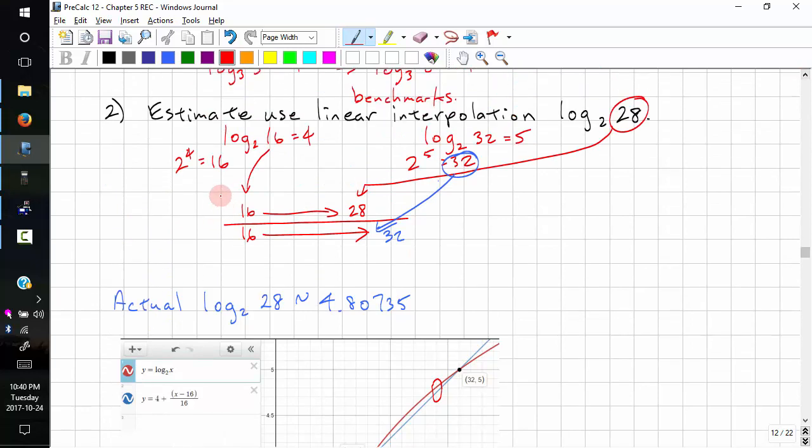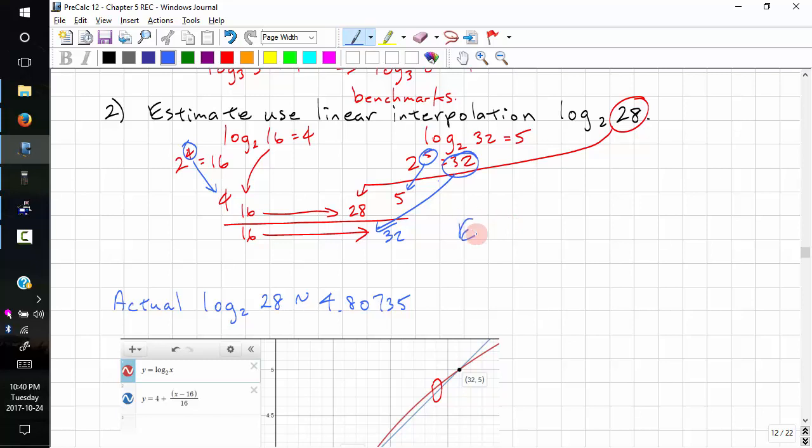So we're going up from 16 to 32, and we're starting at 4 and going to 5. 5 is at 32, 4 is at 16. So 28's part way. Our answer is between 4 and 5.